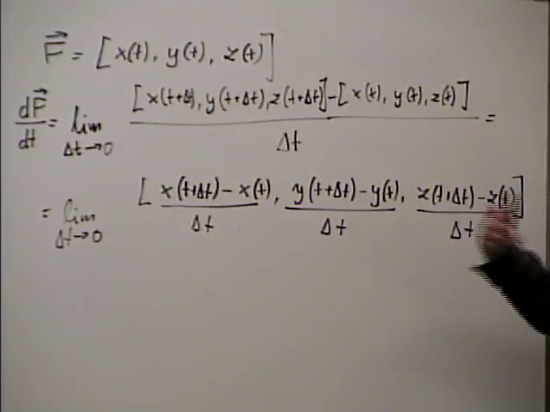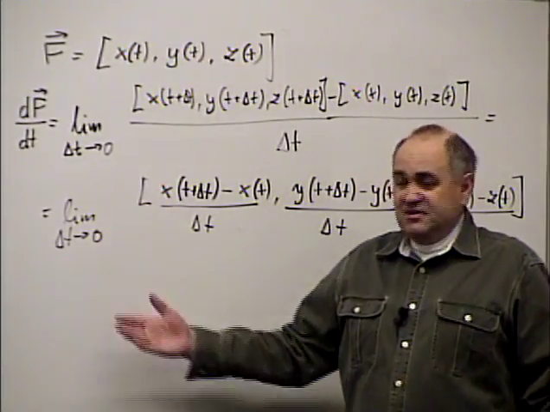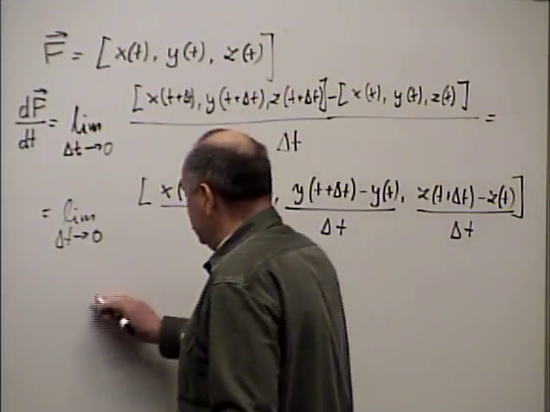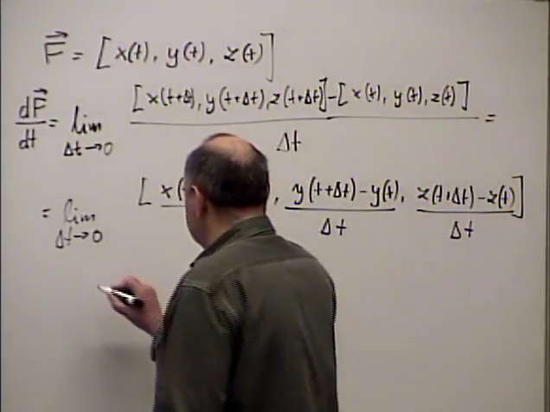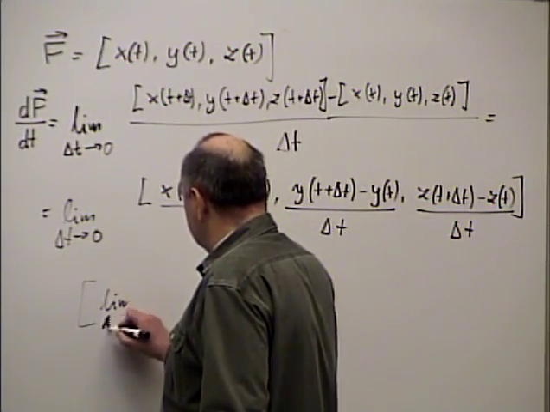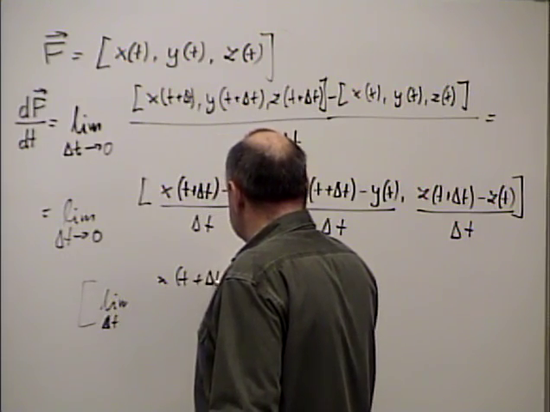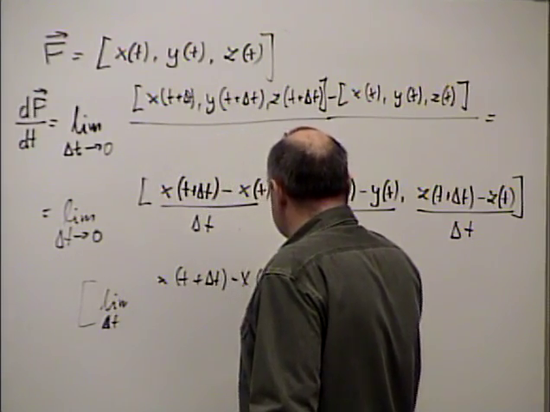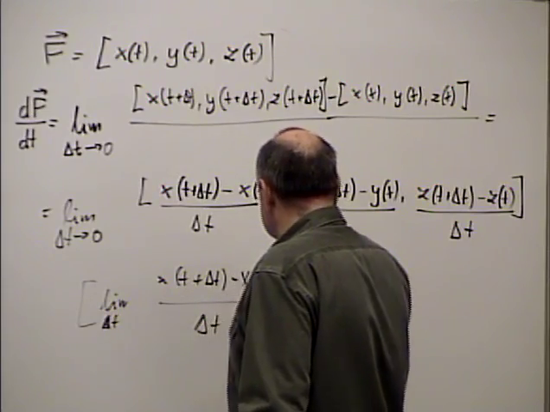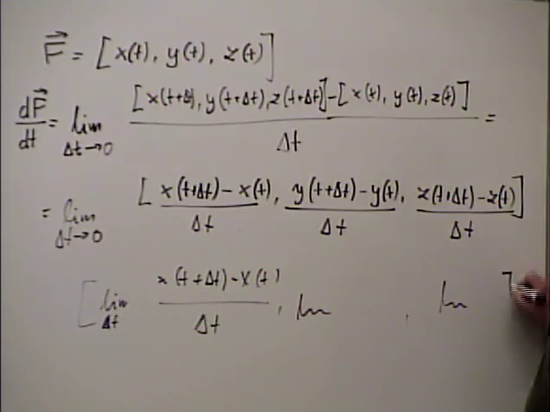And these sequences will be with delta t approaching 0, which means that when I calculate that, I will have the limit with delta t of x of t plus delta t minus x of t over delta t, the limit for the second component and the limit for the third component.